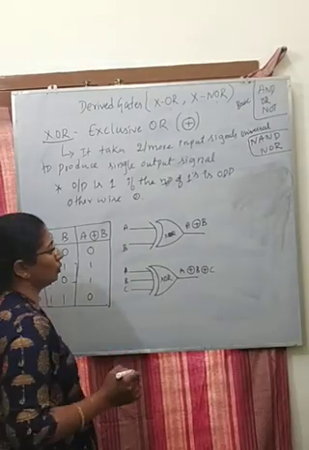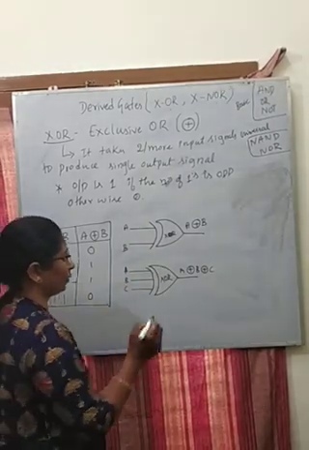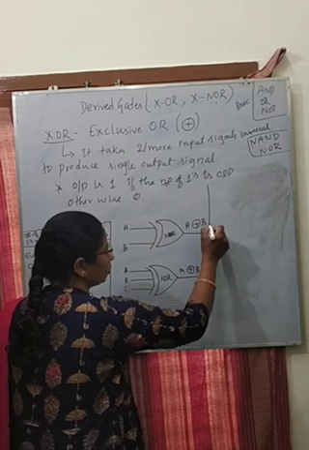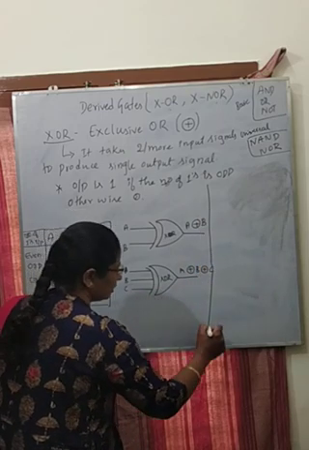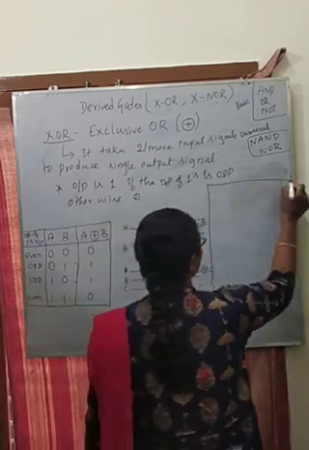You know that this is a 2 input variable circuit, and this is a 3 input variable circuit. We'll see how to write the truth table for 3 variables.